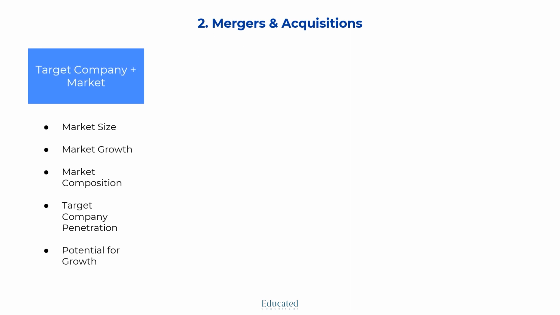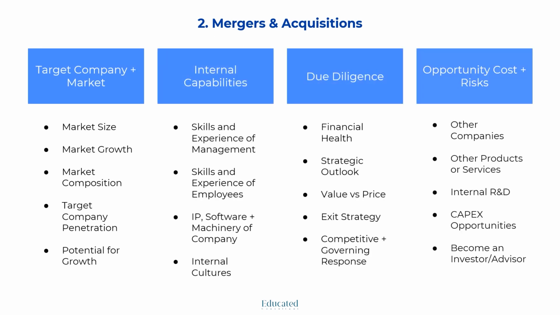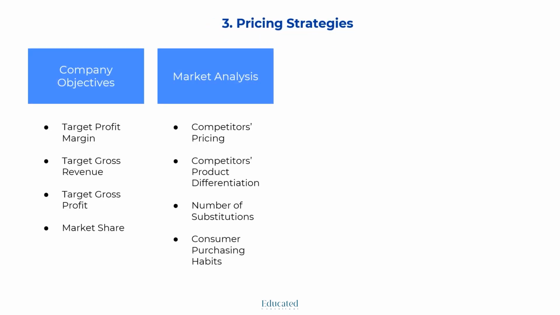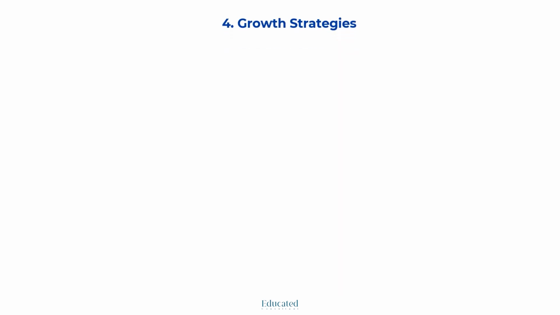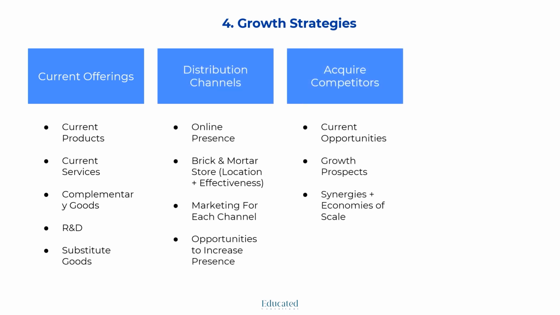Number 2 is mergers and acquisitions. Number 3 is pricing strategies. Number 4 is growth strategies.